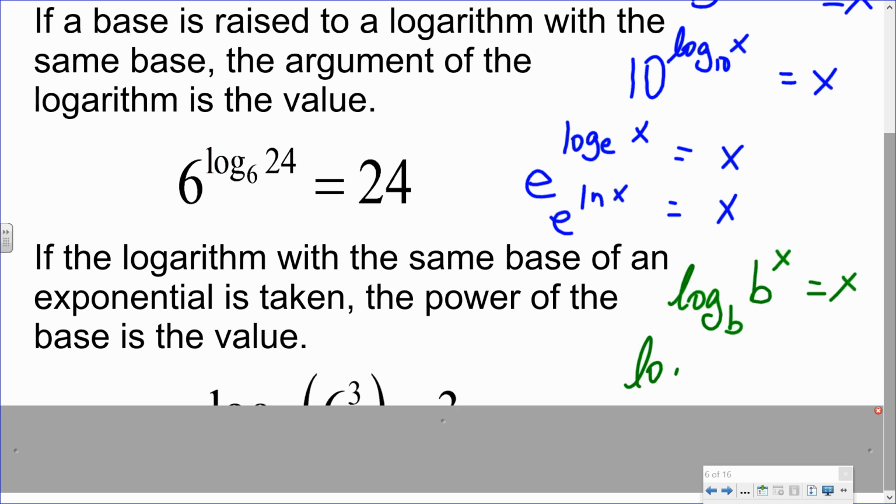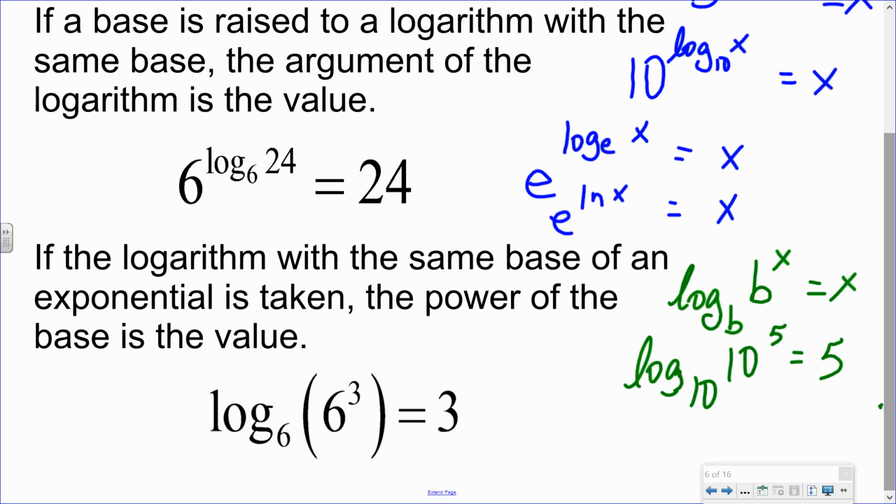We could have log base 10 of 10 to the 5th. Log base 10 of 10 will cancel, and we'll just have 5. It could be log base 6 of 6 to the 3rd, so we just have the 3 left, so that value is 3. Is that much making sense? So we're going to be using that as we simplify some log problems.